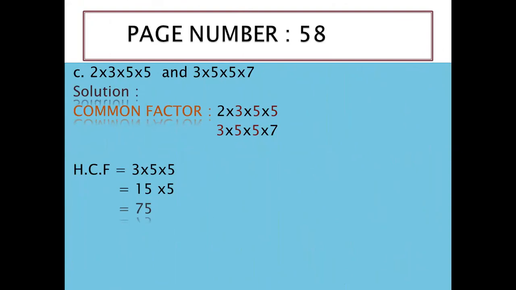These 3 numbers are common in these 2 prime factors. After the multiplication, 3 multiplied by 5 multiplied by 5. 3 5s are 15 and 15 5s are 75. So the HCF of these prime factors is 75. Question 5 is completed. Now come to question 6.